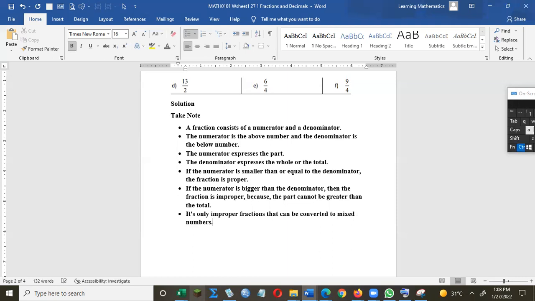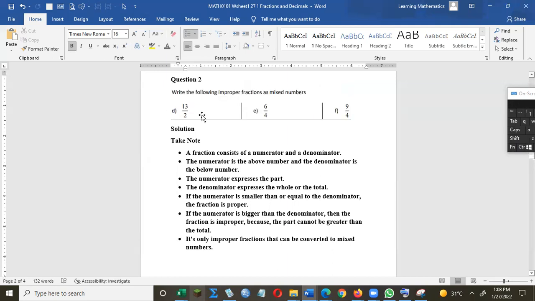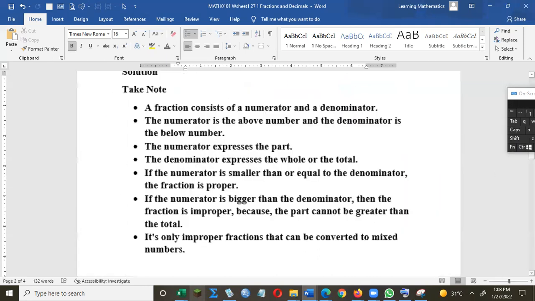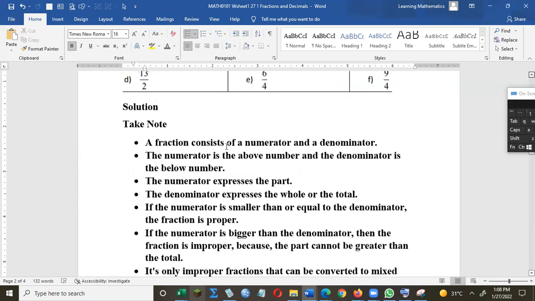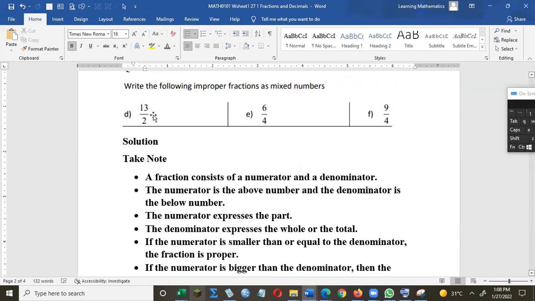Okay, so it's only improper fractions we can convert to mixed numbers. So this is why this question is asking us to write these improper fractions as mixed numbers, because as you can see, in each one of them the numerator, the above number, is bigger than the denominator, the below number.